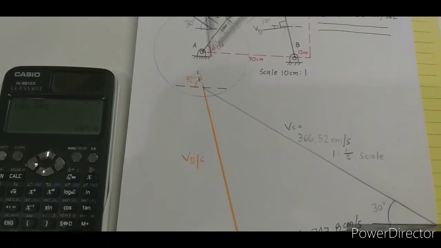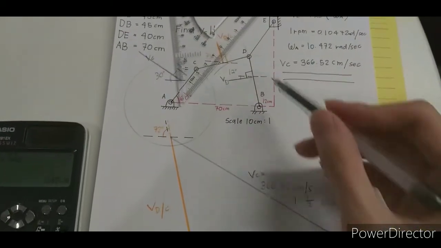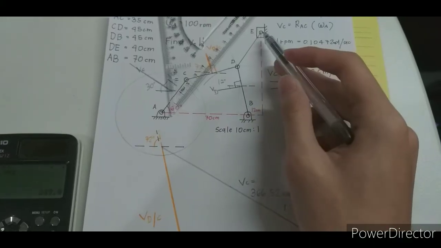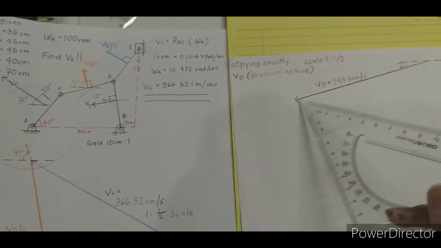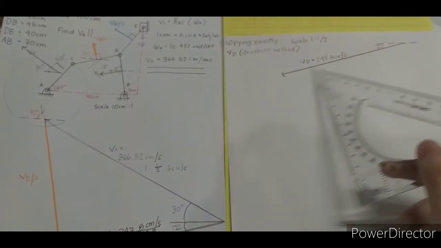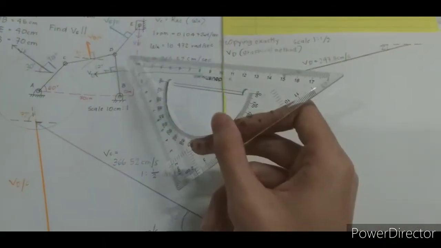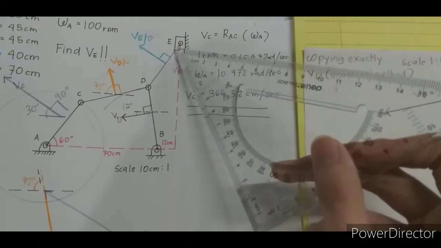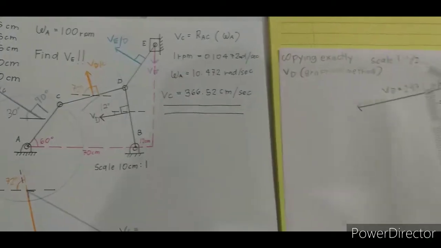Okay, so this is a very important number, and we will use this to find the instantaneous velocity at E. Very simply, what we have to do next is to copy exactly the graphical representation of the velocity at D in order to find the instantaneous value of the velocity at E. And we're going to use this.